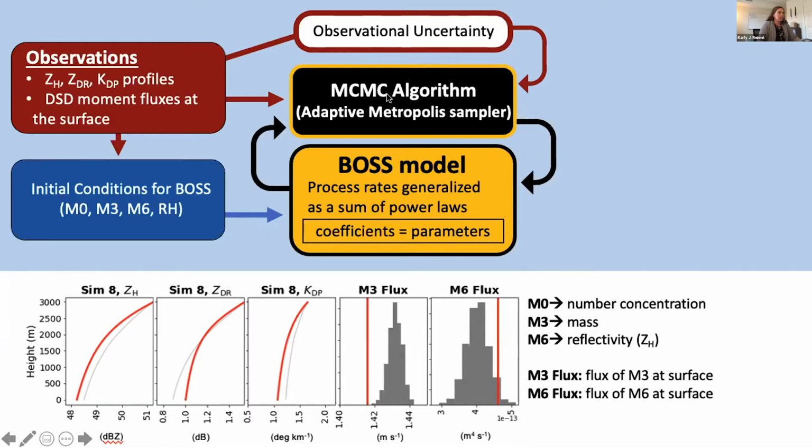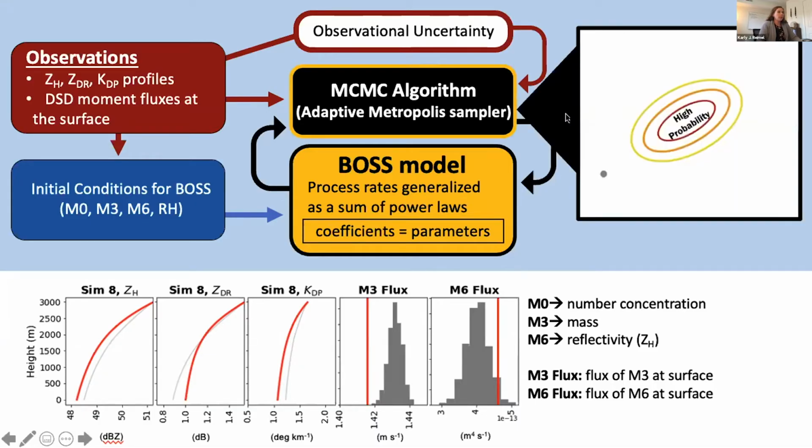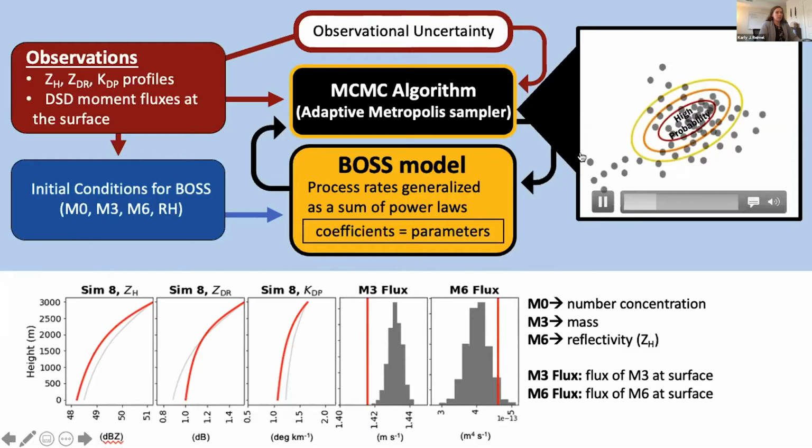Our goal now is to estimate what the parameters of our BOSS microphysics scheme should be. To do this, as Hugh mentioned before, we use Markov chain Monte Carlo, or MCMC, which, if you think about, let's say we're just trying to retrieve two parameters, allows us to jump around in our 2D parameter space and make guesses as to what those parameters are.